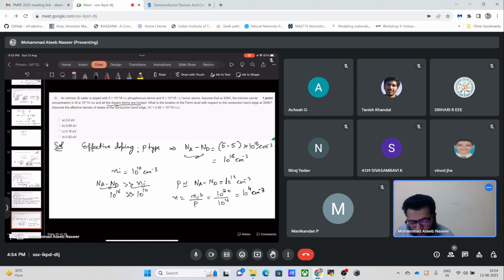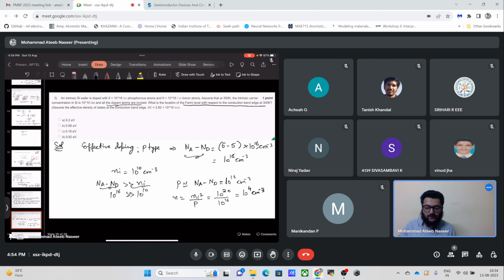Now we have been told to find the location of the Fermi level with respect to the conduction band edge at 300 Kelvin, and to assume the effective density of states. That's what I was talking about. The density of states lies above the conduction band edge, and intuitively it should be zero at the conduction band edge, but we are considering it as an effective thing.